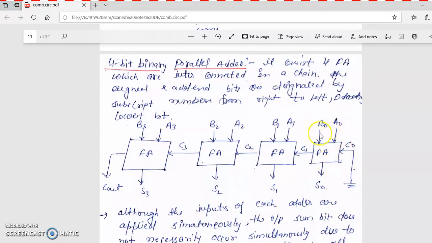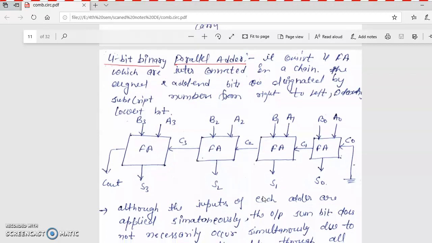After addition of these two bits, if a carry is present, then it is forwarded to the next bits, that is A1 and B1 with the carry C1, then C2, C3, and this is C out. Here we get the summation S0, S1, S2 and S3. Okay, this is the 4-bit binary parallel adder.